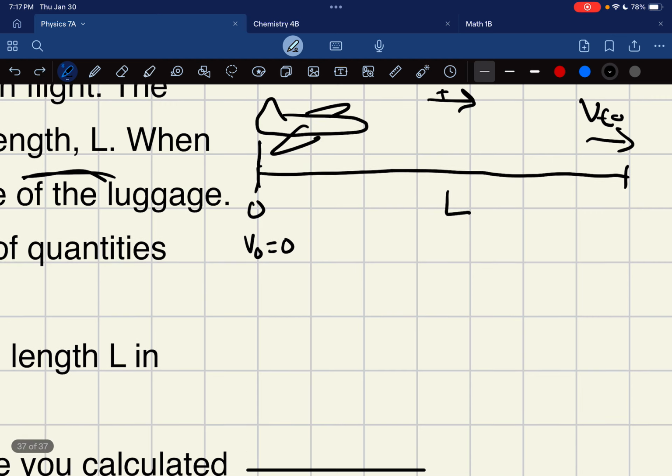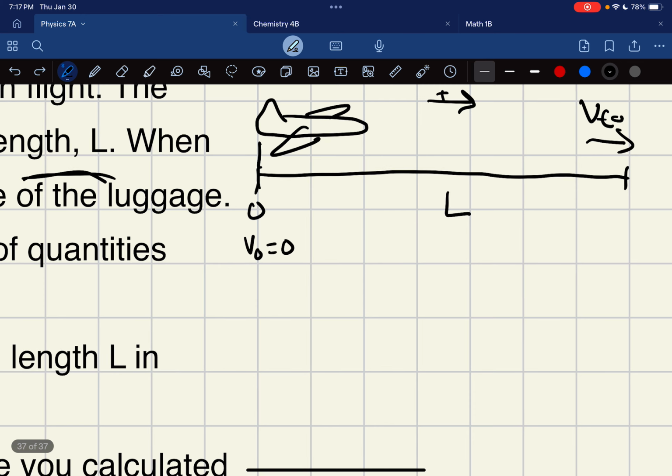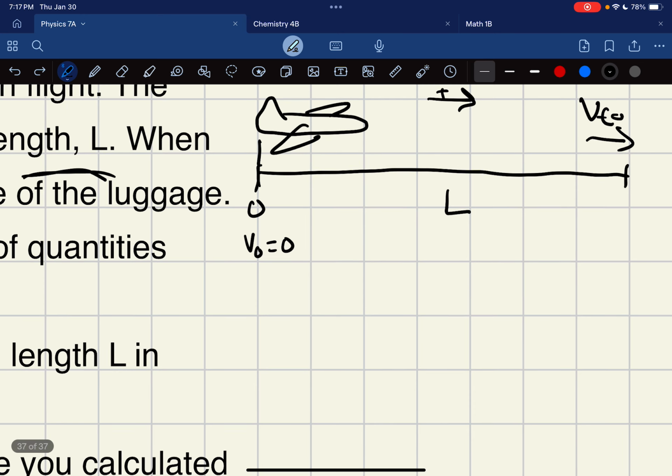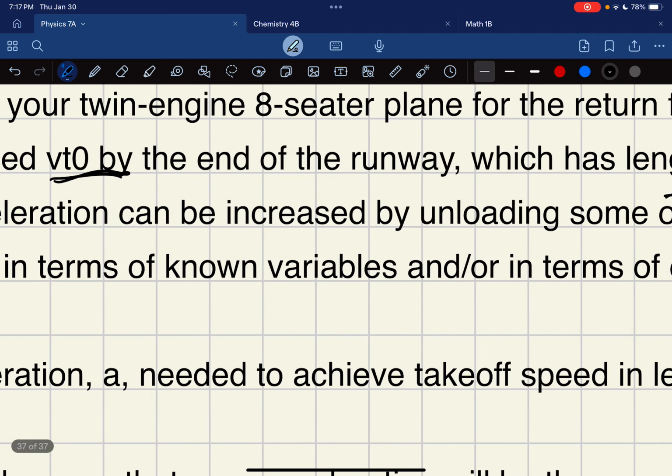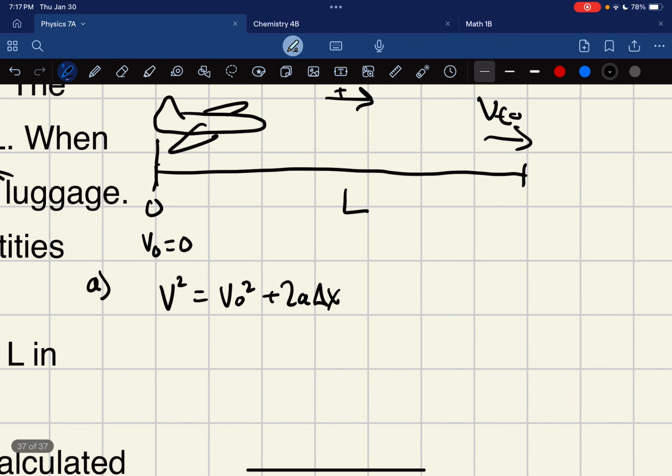We're looking for acceleration, and the only equation that really matches up with this is the equation that combines the first and second integral of acceleration. Just to be clear, we're doing part A of this. What is acceleration?